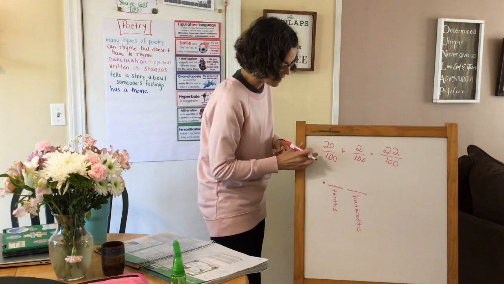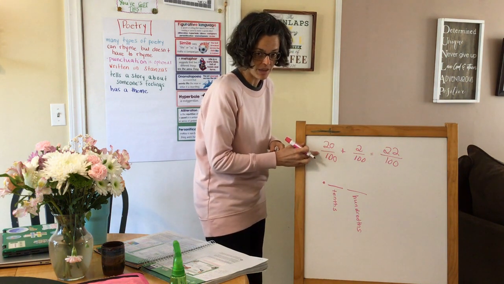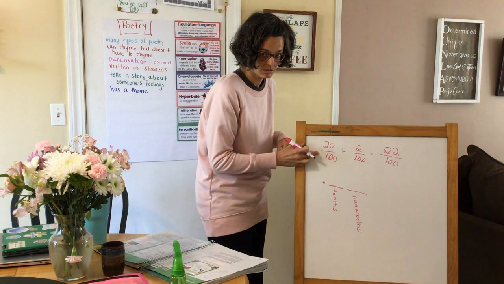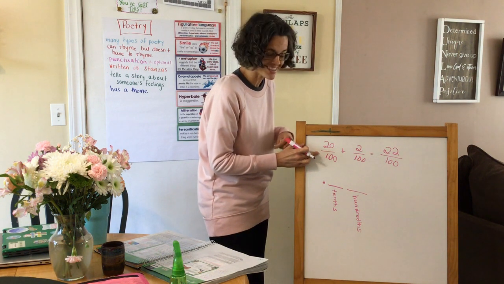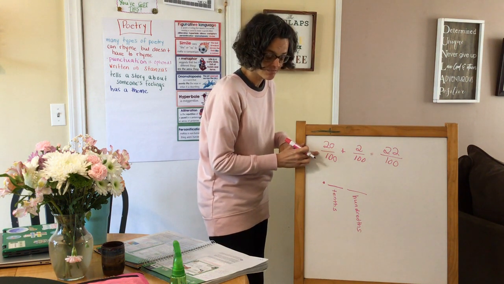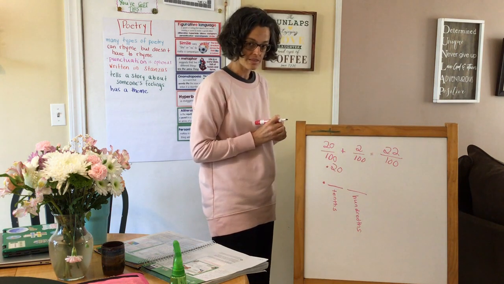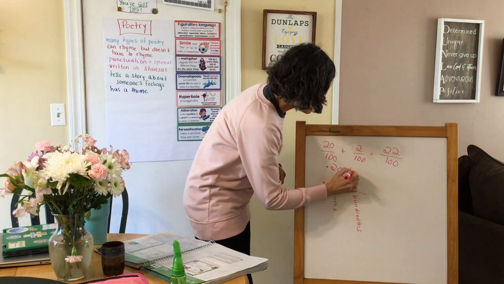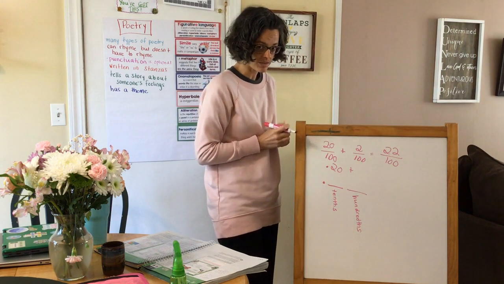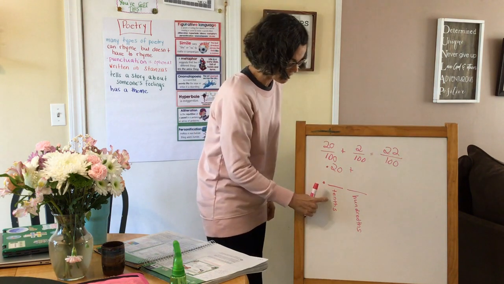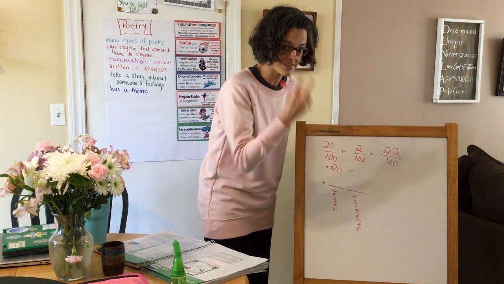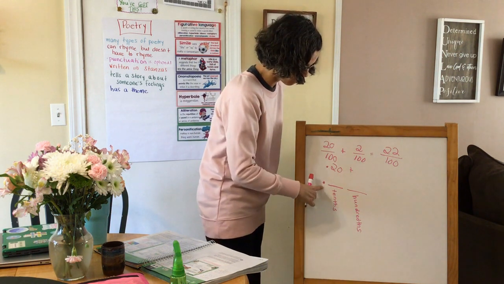Let's say for just a minute that we want to convert 20 hundredths plus 2 hundredths to decimals. Got to remember, if it's 2 hundredths, that means I have to have 2 digits after my decimal.